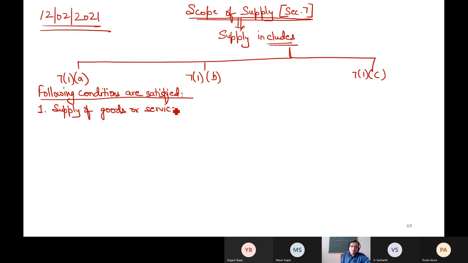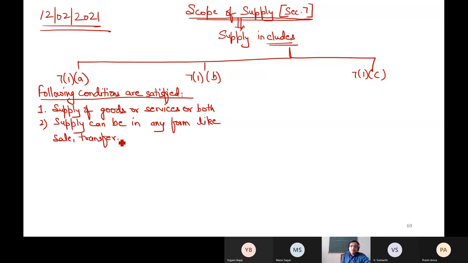Second, supply can be in any form. Like it can be sale, it can be transfer, it can be barter system of exchange, it can be normal exchange, it can be lease, etc. So it can take any form. This is my second condition.